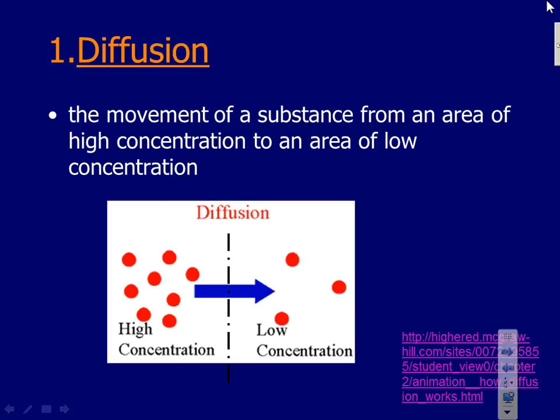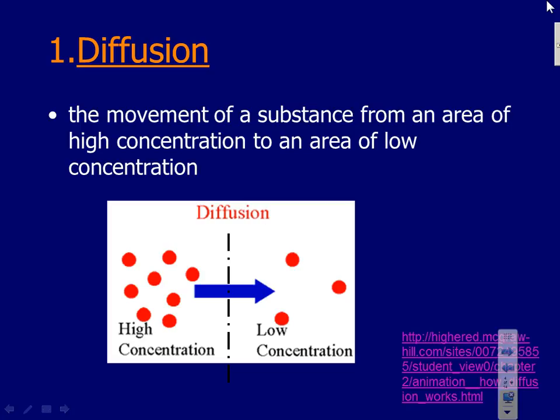And then just draw a few dots over here on the other side. That represents low concentration. And put an arrow across from some of these dots that has them moving through that membrane. So this line is kind of representing the membrane. All right?